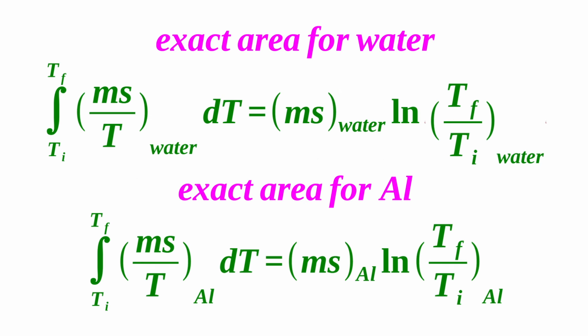The corresponding exact area under the curve can of course be calculated using the technique of integration. The definite integral from T initial to T final of ms over T times dt yields the exact area.